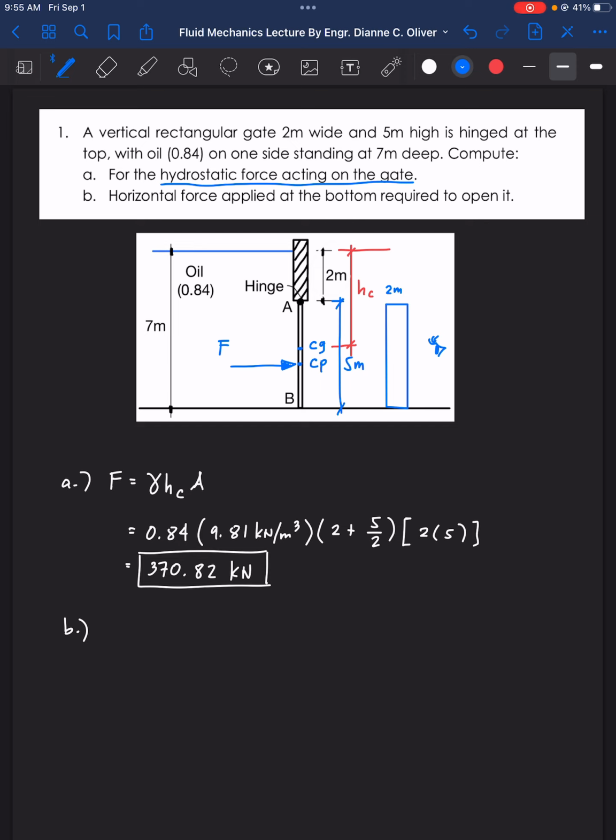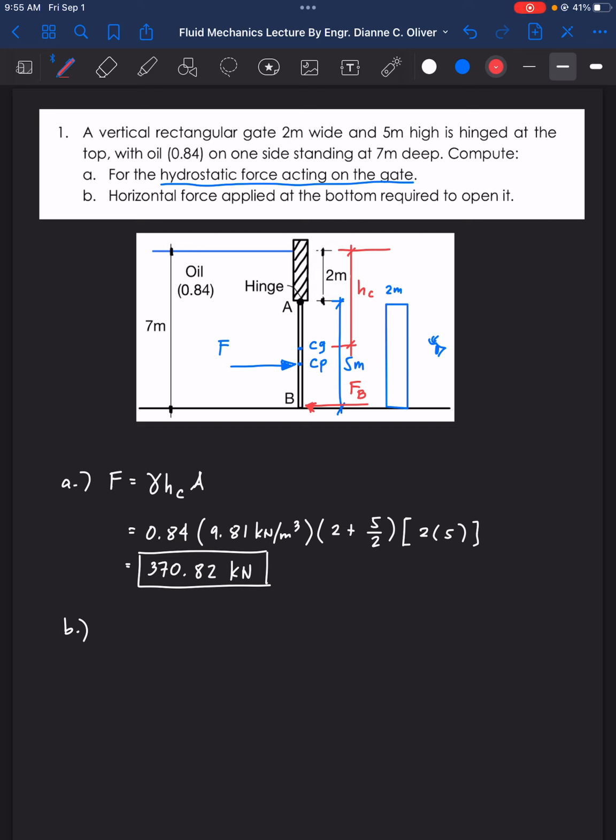Here we have the hydrostatic force from the oil acting on the gate, pushing from left to right. So to close the gate, you need a certain force that is opposite to the hydrostatic force. This is the force to close the gate, the force at B.